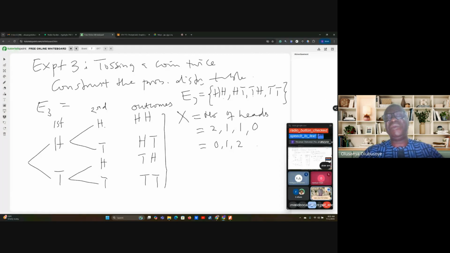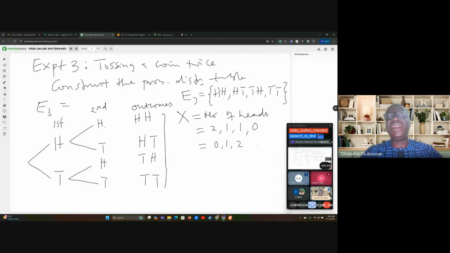So we are now converting it to numbers. So x is simply the number of heads. When it is 0, it means on the 2 occasions of tossing, you have tail, tail.